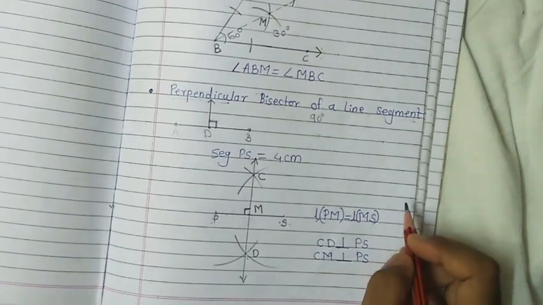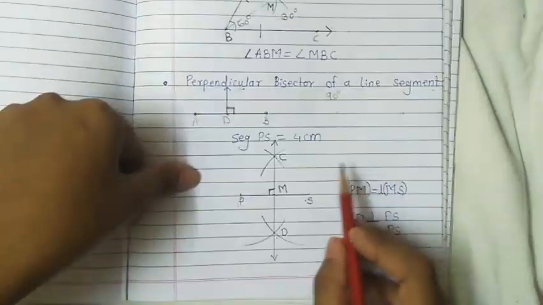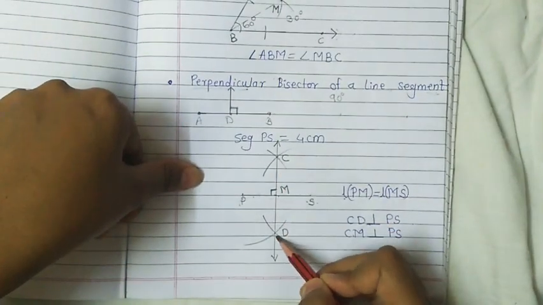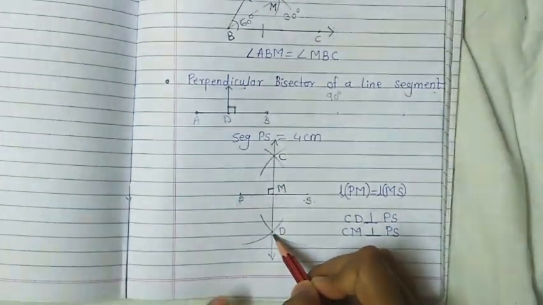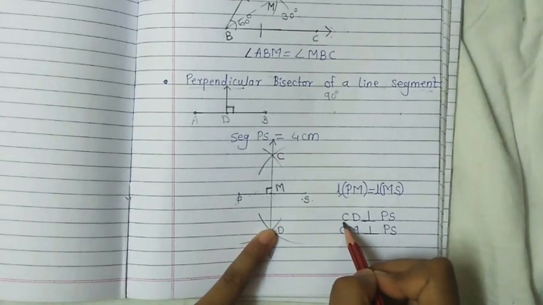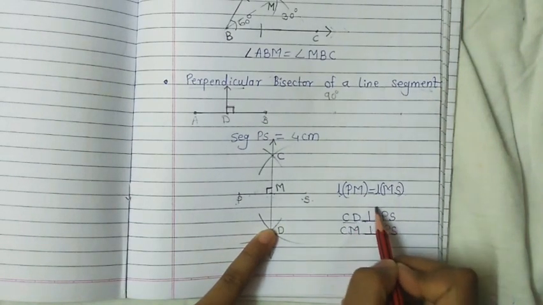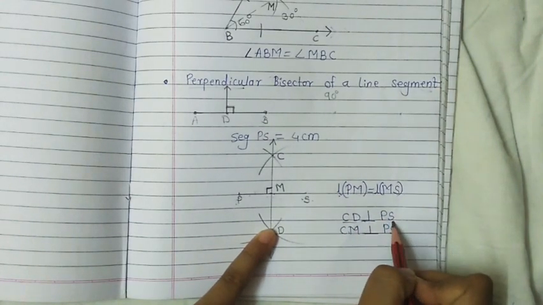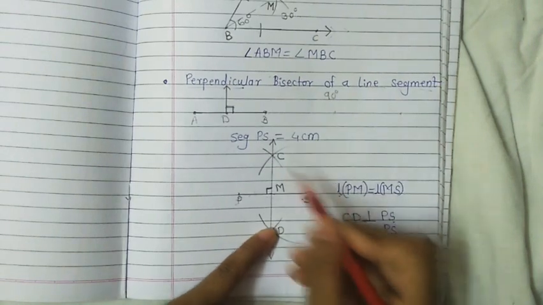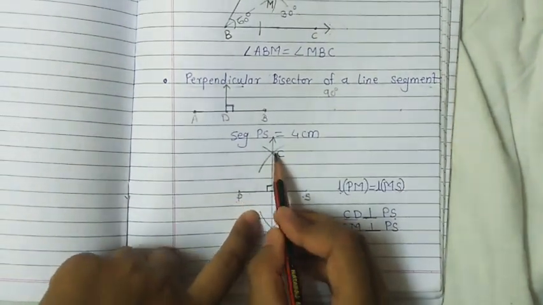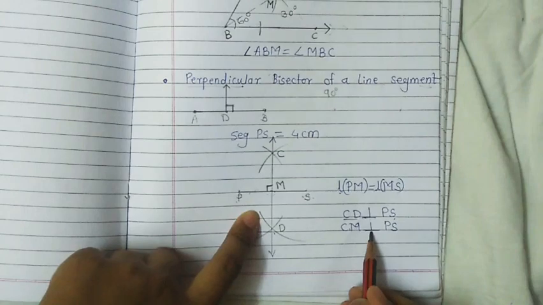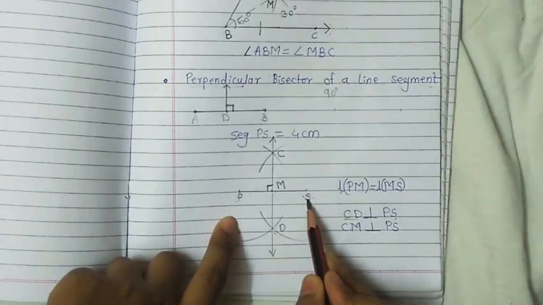Yes, no? Now, as we know that this line CD is perpendicular bisector, so we can write CD is perpendicular to PS. Or also we can write CM is perpendicular to PS.